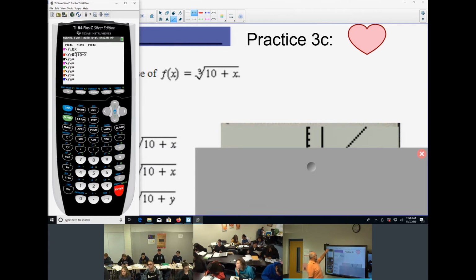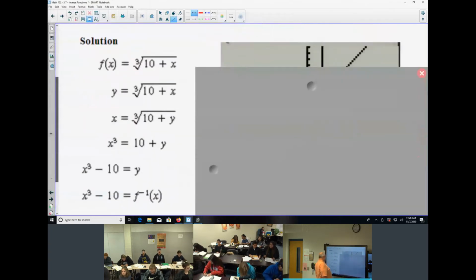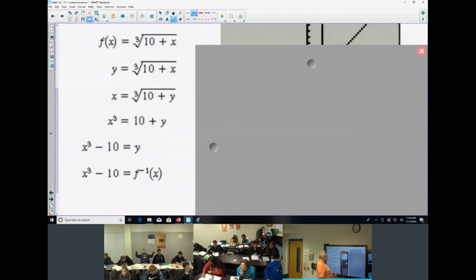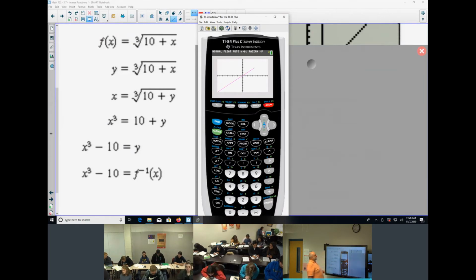And then the last one was what? X cubed minus 10. So x cubed minus 10. And then you press graph. So there's the y equals x.